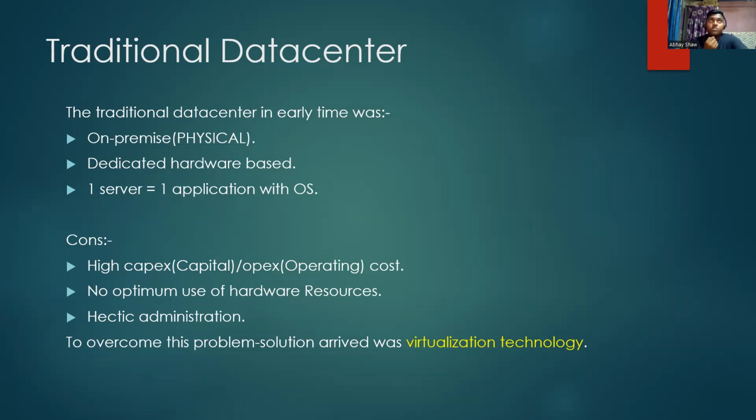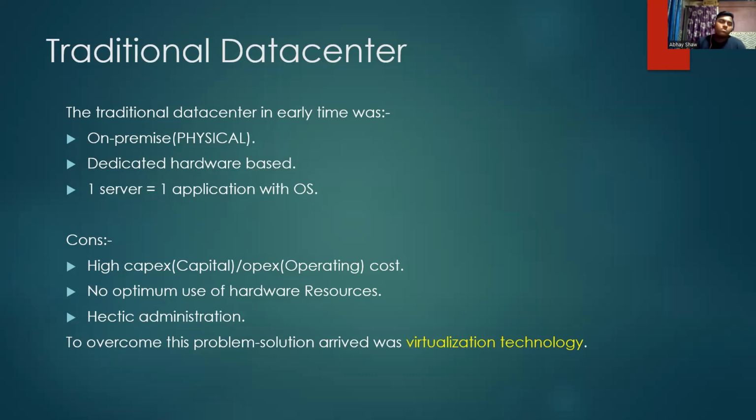But there will be like 2 to 3 GB of wastage. That's why it's no optimum use of hardware resources. And the administration becomes hectic because many more wires are lying around.